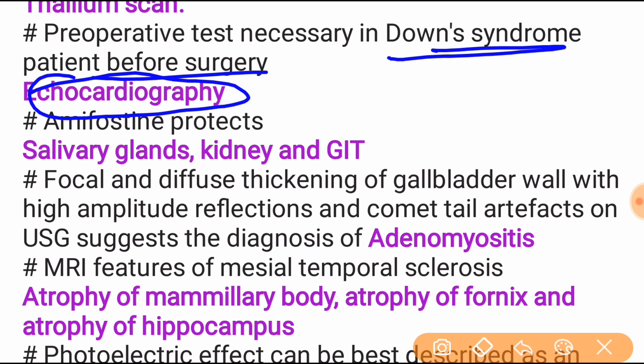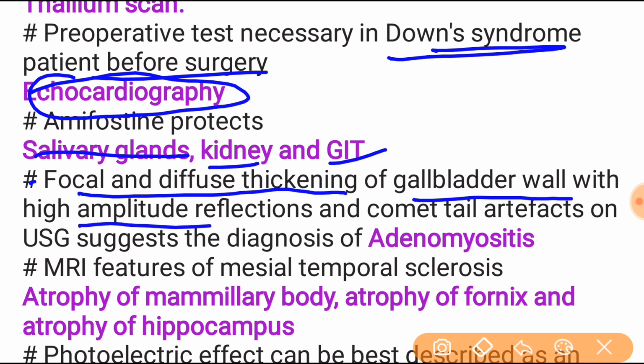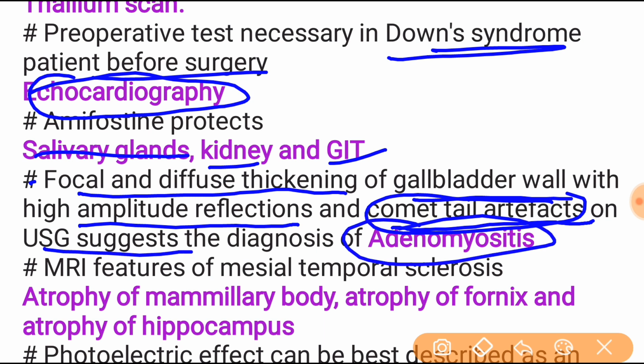Amifostine protects salivary gland, kidney and GIT. Here the focal and diffuse thickening of the gallbladder wall with high amplitude reflection and comet tail artifact. Here the comet tail artifact on USG suggests diagnosis of adenomyomatosis.